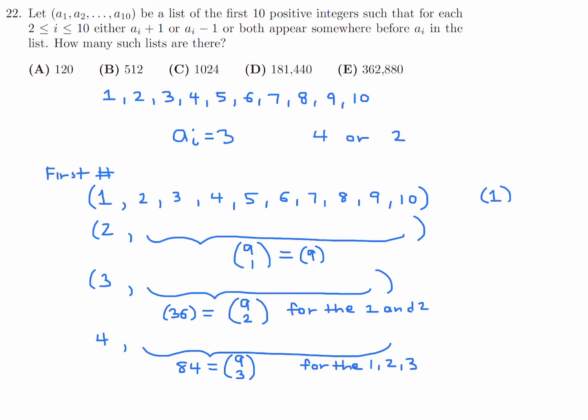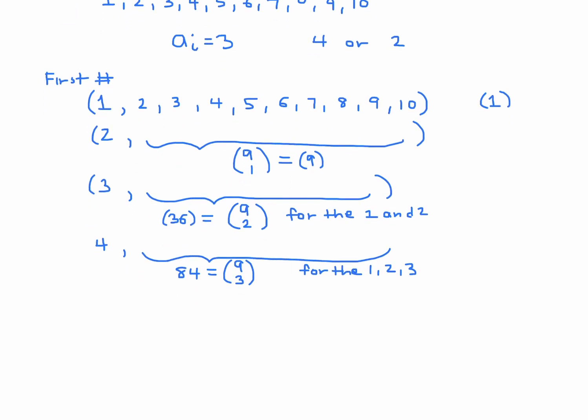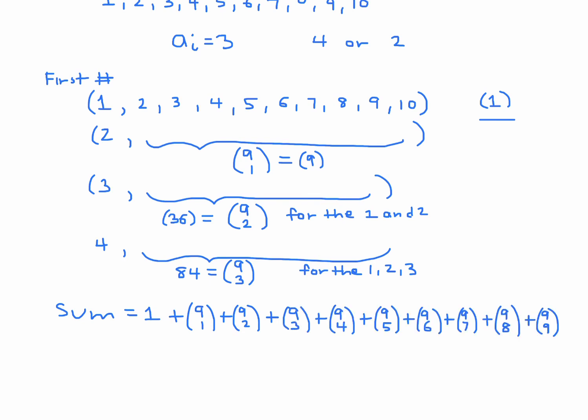So when it's all said and done, the total would basically be this 1 up here, plus 9 choose 1, plus 9 choose 2, all the way up until the very last one, which is 9 choose 9.